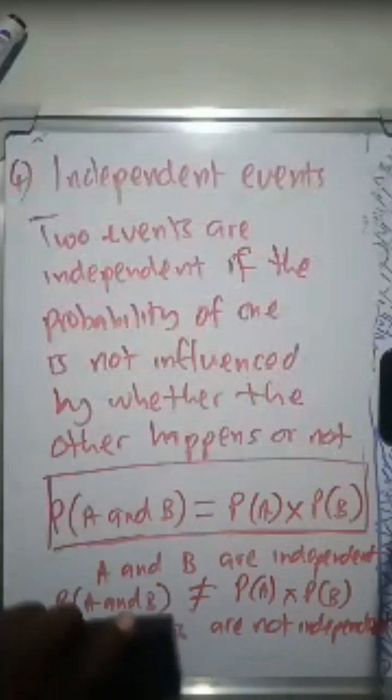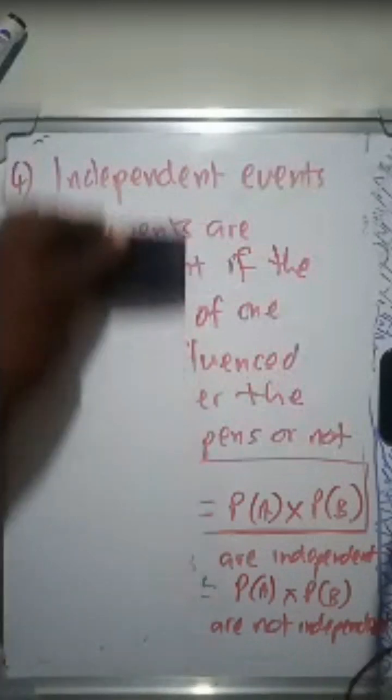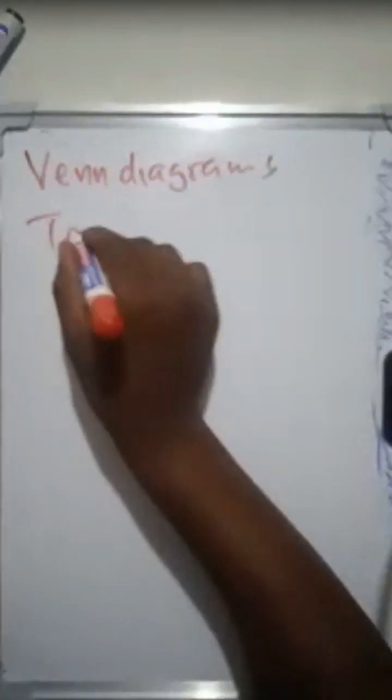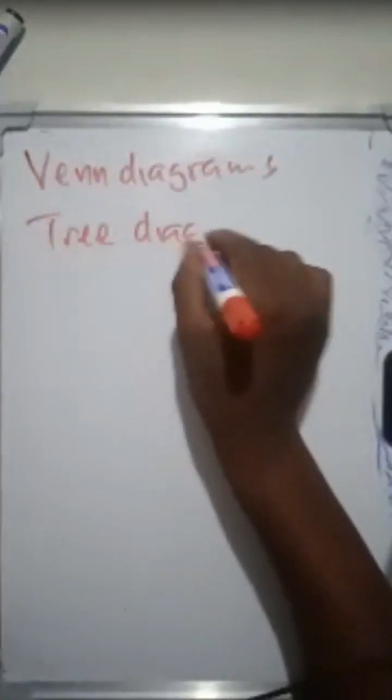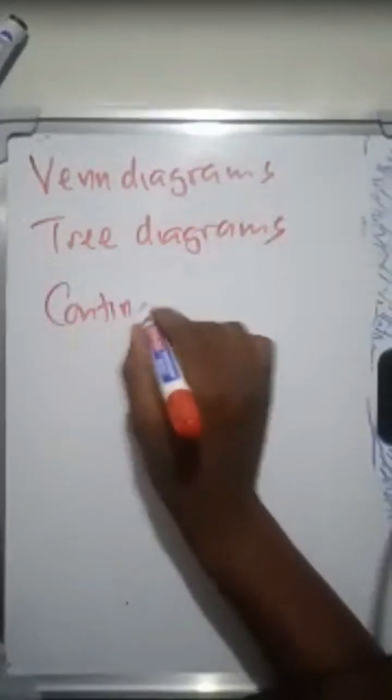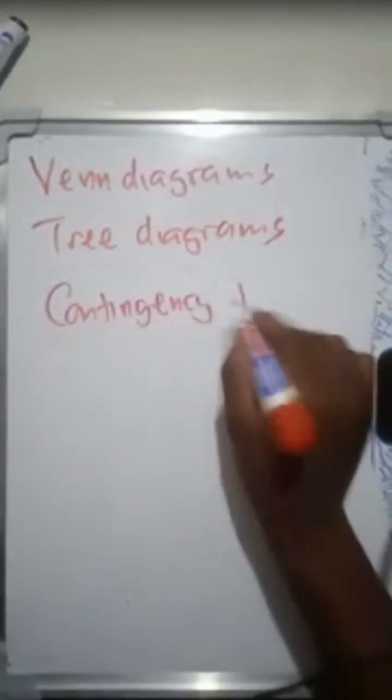Okay? So these are the rules that we have in probability. Now for probability presentation, we have Venn diagrams, tree diagrams, and contingency tables.